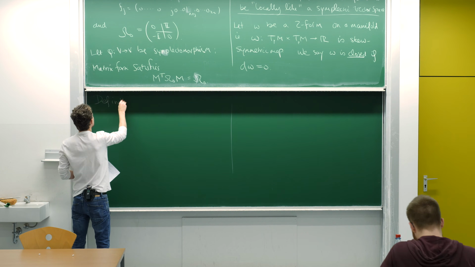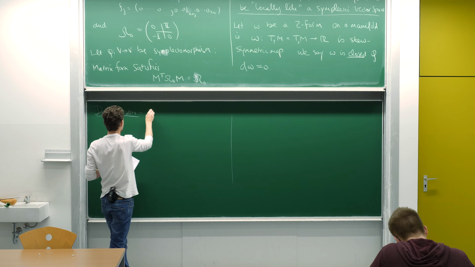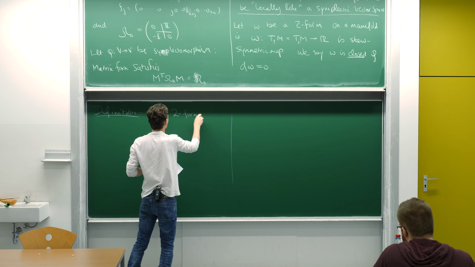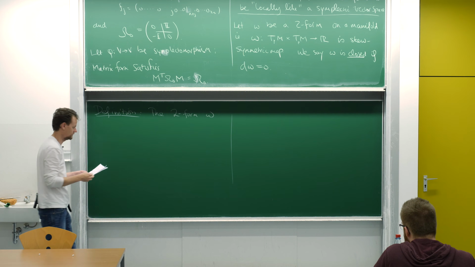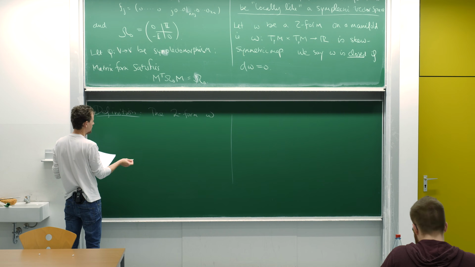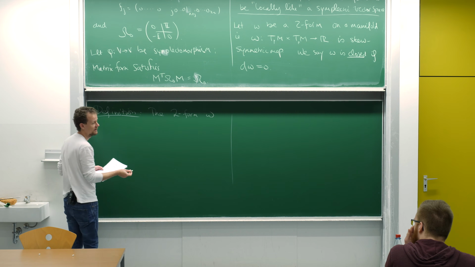Now we come to the definition. So we get to call this two form symplectic if it's closed and gives you a symplectic form on the tangent space.